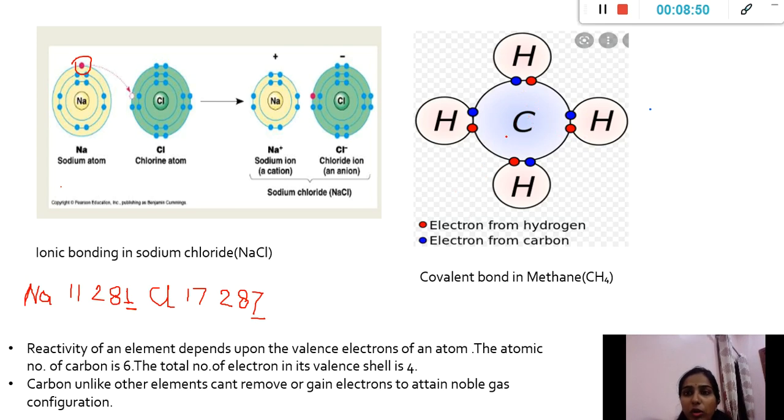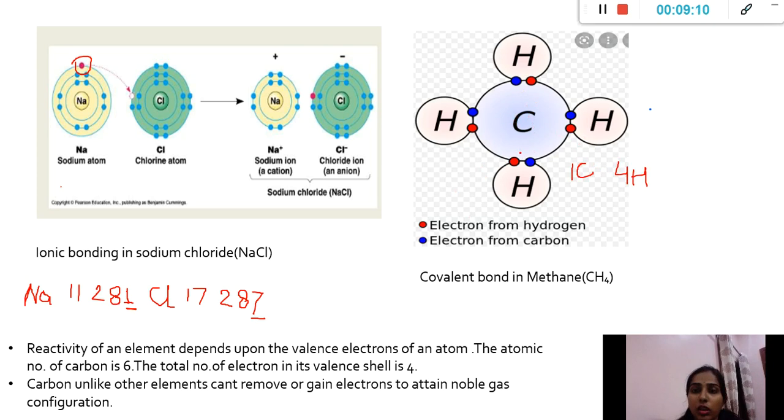Here the sharing of 4 electron pairs is occurring between one carbon atom and 4 hydrogen atoms.